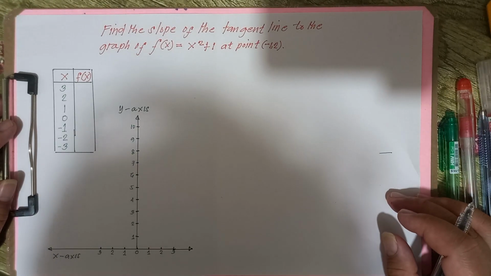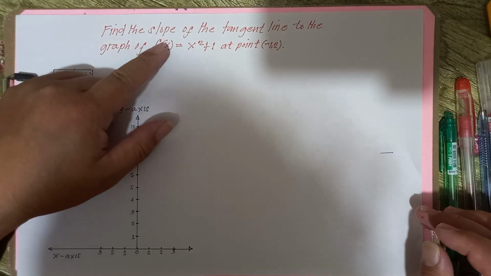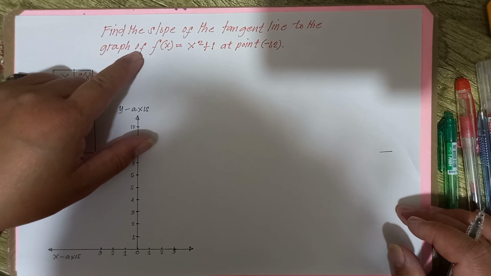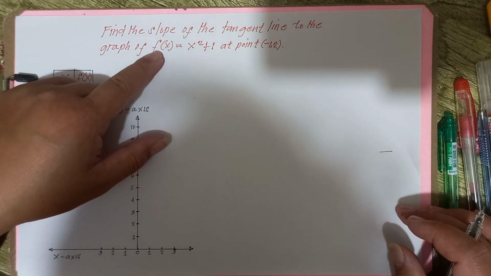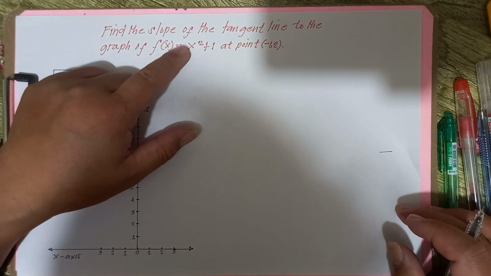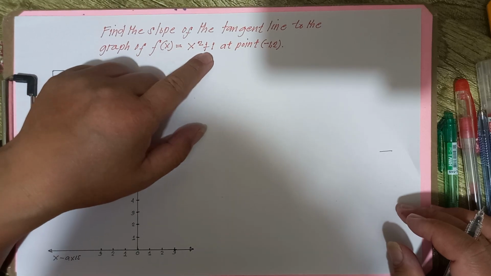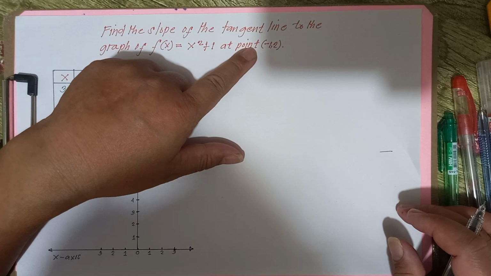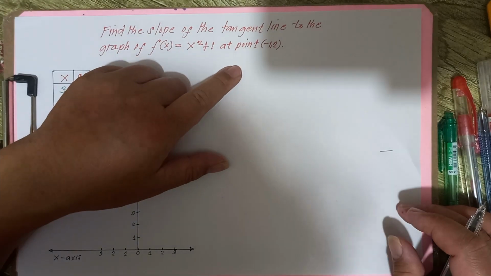Now we have in here an illustrative example. It says, find the slope of the tangent line to the graph of the function f of x, which is defined to be x raised to 2 plus 1, at point (-1, 2).